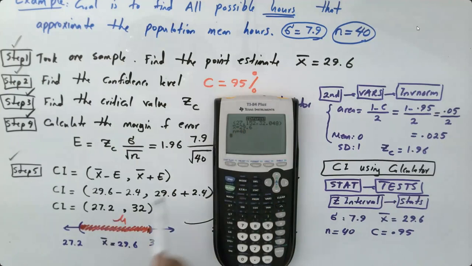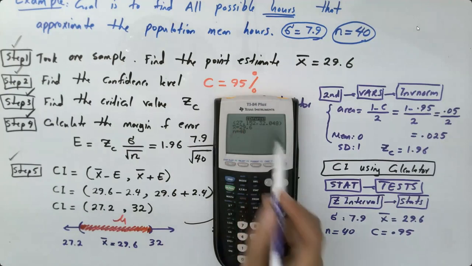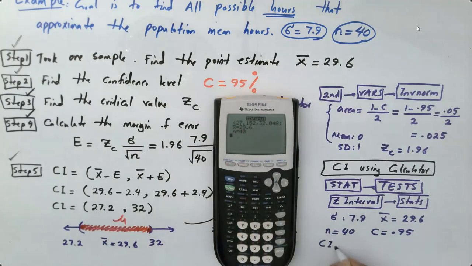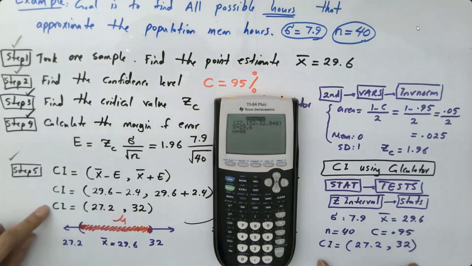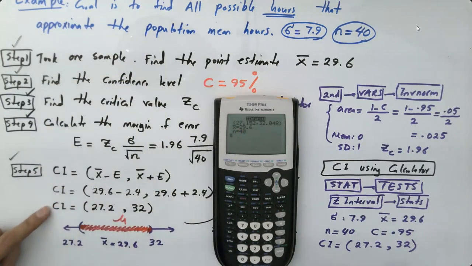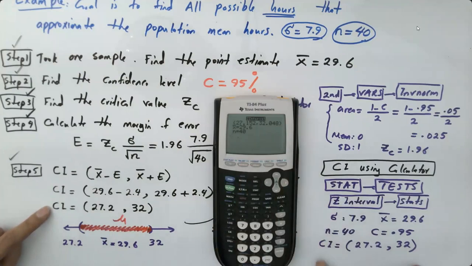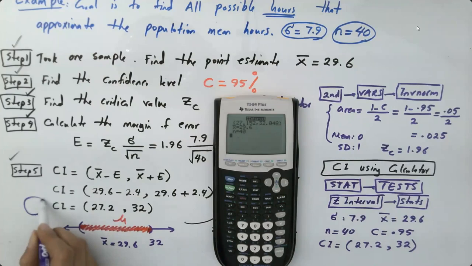So 27.2 and 32. The confidence interval using the calculator is 27.2 hours, 32 hours. See, they are the same. So it means that the calculations that they did match the calculation that the calculator did for us. So we are happy, we have a great confidence interval.